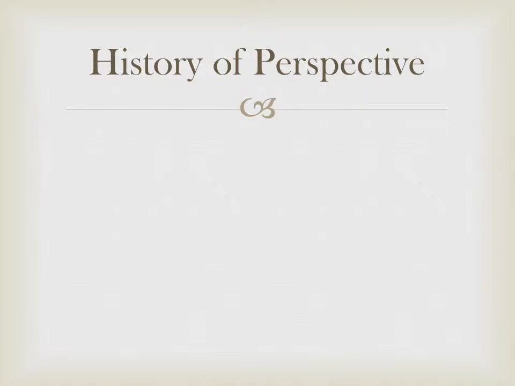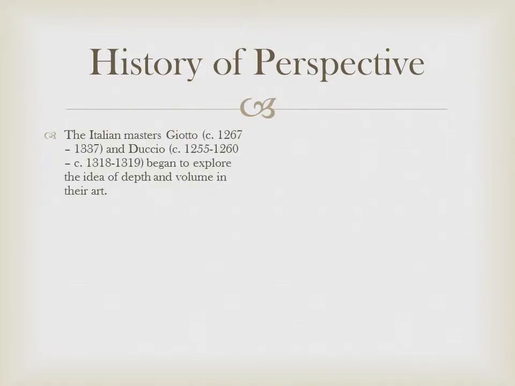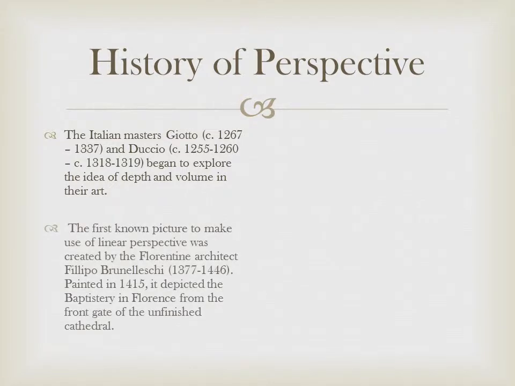History of perspective. The Italian masters Giotto (1267 through 1337) and Duccio (1255 through 1260 and 1318 through 1319) began to explore the idea of depth and volume in their art.